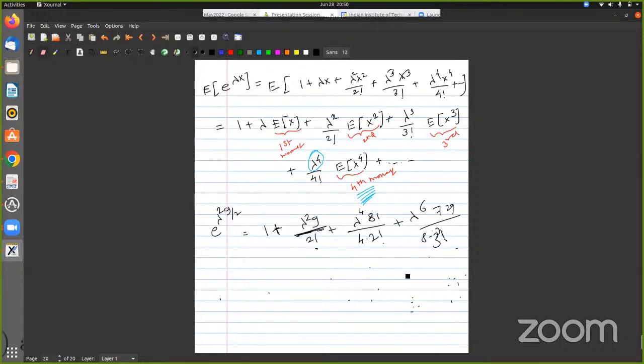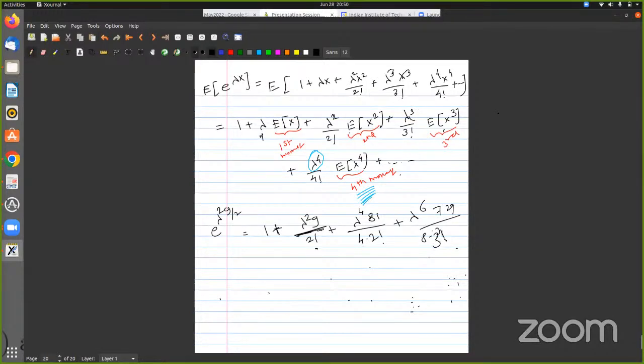So in this case, which moments are we getting actually? We are not getting the first moment because we don't have the term of lambda. We are getting the second moment and the fourth moment. We are not getting the third moment also because we don't have the term lambda cube. And next we won't have lambda to the power 5 or lambda to the power 7 either.